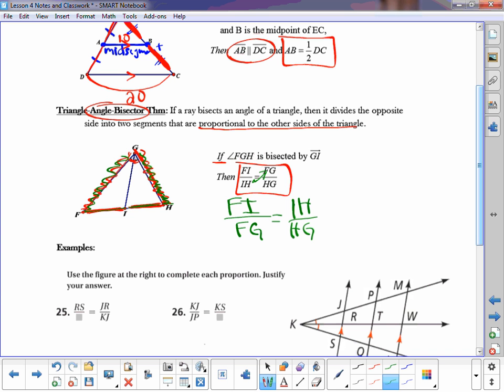They would have to either tell you this is an angle bisector, or they'd have the markings like we have on the diagram there, where it's one arc and one arc. I can call any of these a ray. I'm just referring to ray GI. That's just a continuation of it. I could say segment GI. I could say line GI. So it's whatever cuts that angle in half.